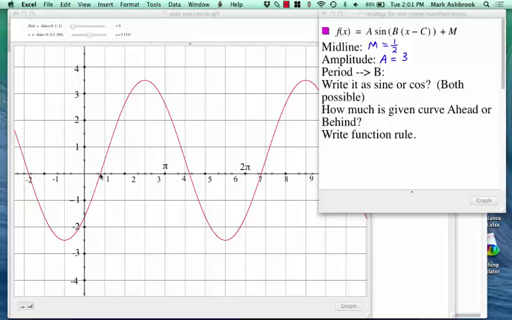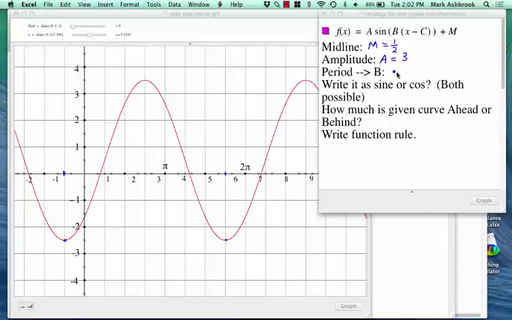Yeah. That's okay, but it's not as secure. It's kind of an uncertain way to do that because you're saying it needs to be the same as that. Another way to do this is to look at, say, this min right here. When would the cycle start over? The next min. So that clearly looks like from there to there, from negative pi over 4 to 7 pi over 4.